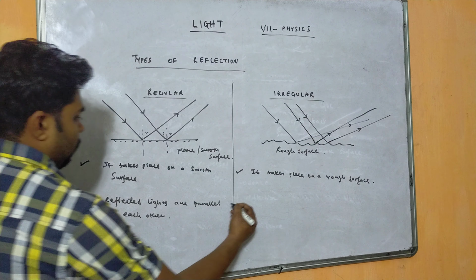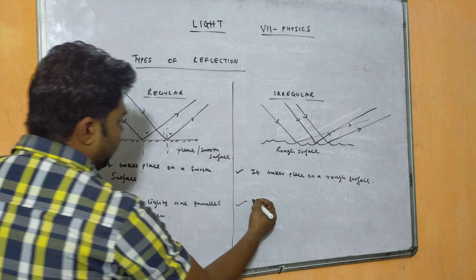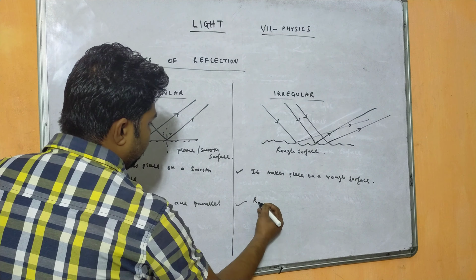So this point you will be writing here: in regular reflection, reflected rays are parallel to each other; in irregular reflection, reflected rays are not parallel to each other. These are the differences you need to see.